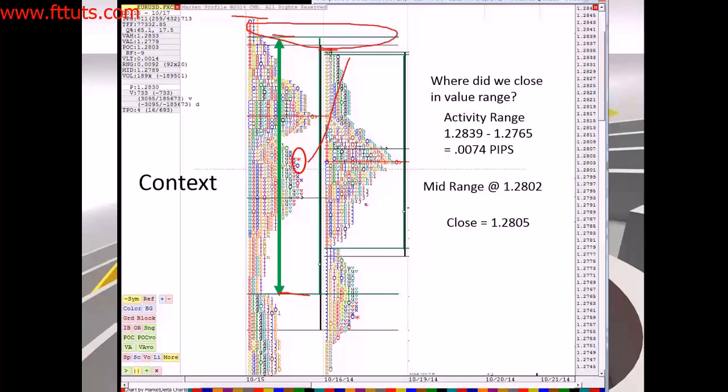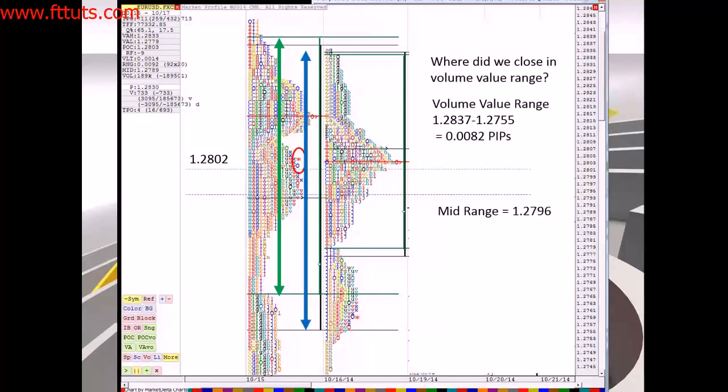Just as we look at where we were relative to the activity range, I also like to take a look at where did we close relative to the actual volume range. So let's see here. If we take a look at the volume range, which is a little bit lower, and where is our midpoint? The midpoint for the volume range is this line right here.